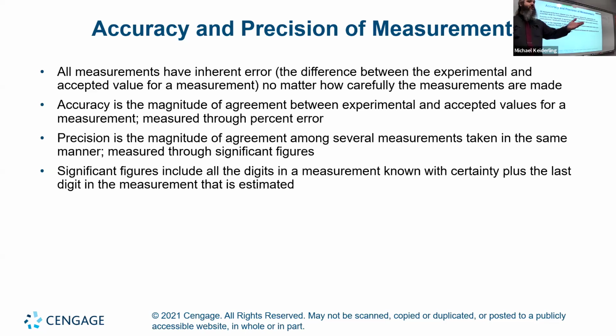When you're measuring on a ruler, for example, the digits known with certainty are the marks on the ruler, and then you can estimate an extra digit in between the lines. Or if you're weighing with a scale, you might see that last digit wobble a bit. That's the last, estimated digit of the measurement.